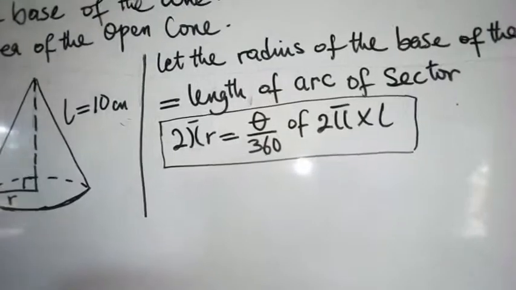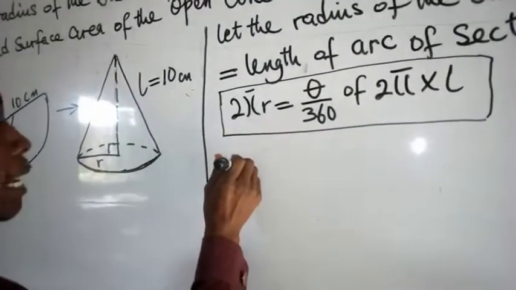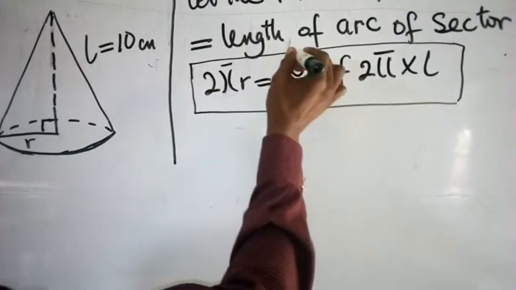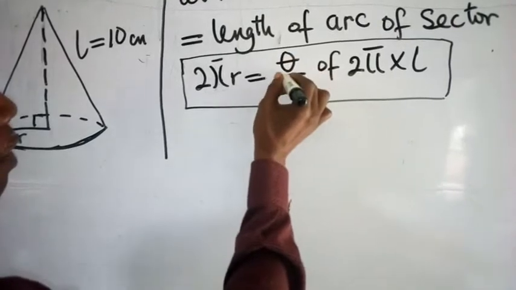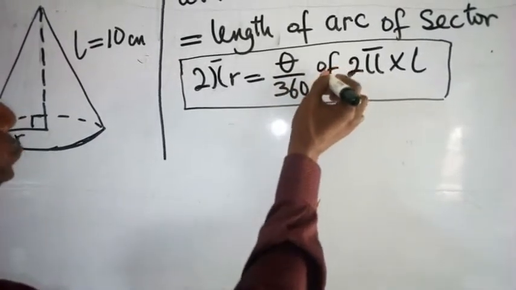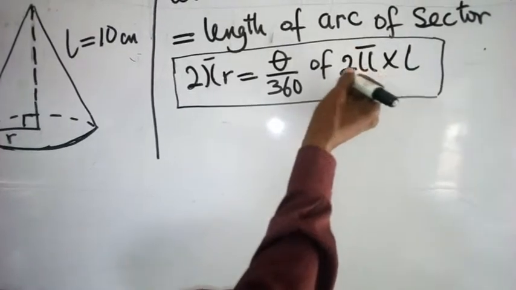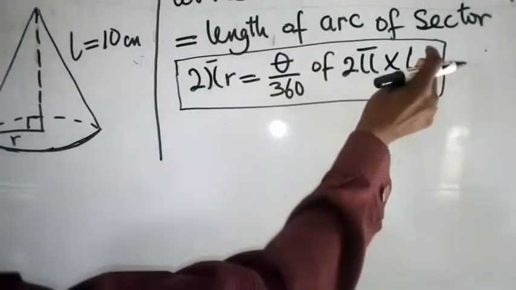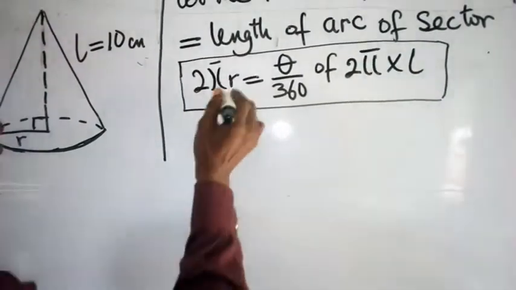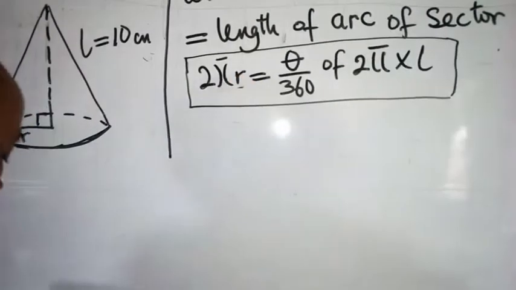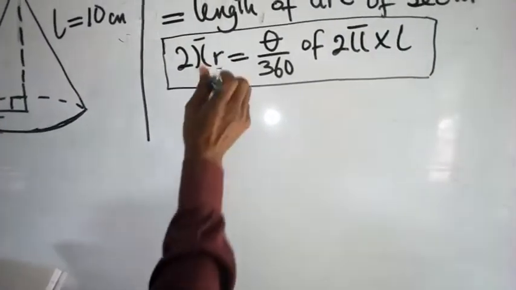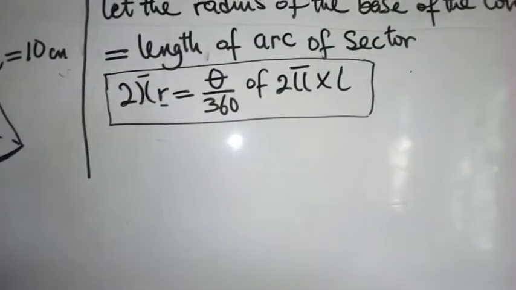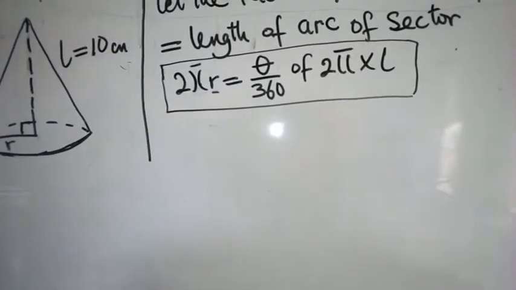We have the formula here: 2 pi r is equal to theta all over 360 of, here it means times, 2 pi times slant height. We are not looking for all this one and all this one. All we are looking for is the radius. Don't forget, we are looking for radius. Since we are looking for radius, we are going to reduce this formula to a smaller size that will be able to work. So in this case, let's continue.